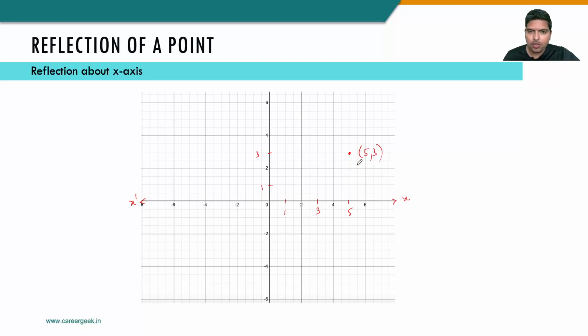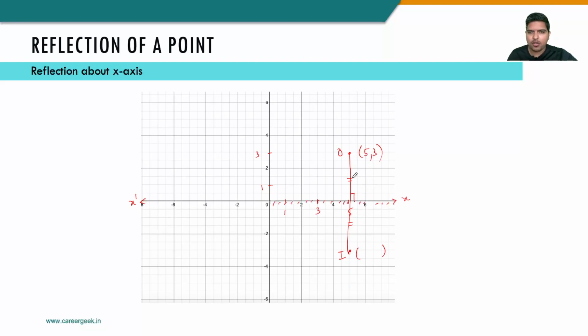Now, if I want to find the reflection of this point about the x-axis, visualize as if the x-axis is the mirror and this is the object, right? So its image will form at the exact same distance. We have seen this distance will be the same. Here the image is going to form and this line will be perpendicular to the mirror.